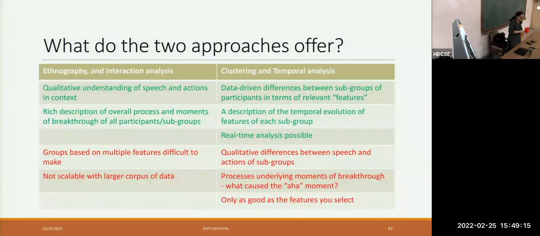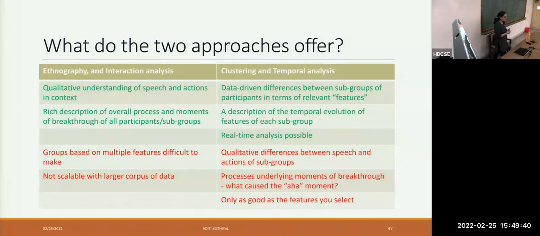Okay. So what these two approaches give us is that the first approach is more data driven. It allows us to deal with large corpuses of data. It allows us to identify the action profiles of people just on the basis of data.